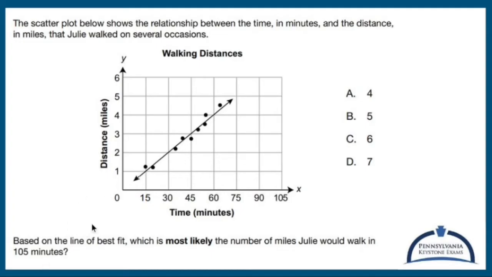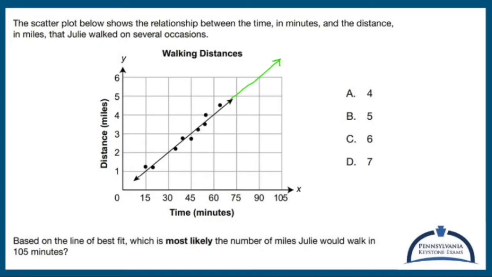Based on the line of best fit, which is most likely the number of miles Julie would walk in 105 minutes? So basically what I need to do is pretend that this line is still going. And given the fact that I have a track record of never being able to draw straight lines on this thing, I nailed it.